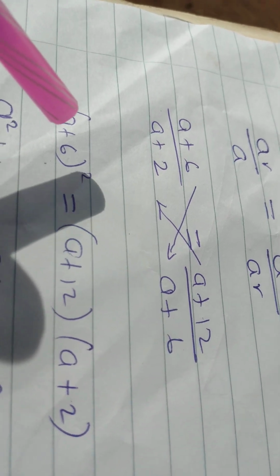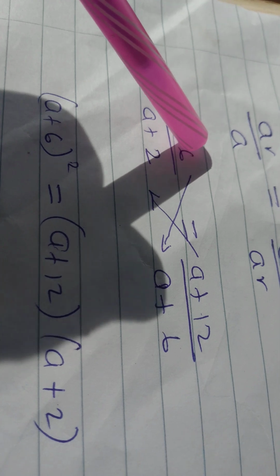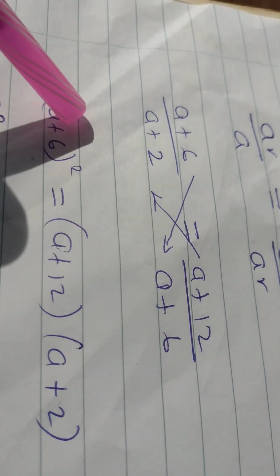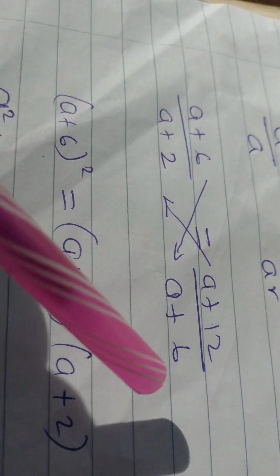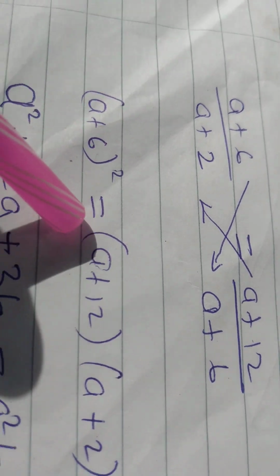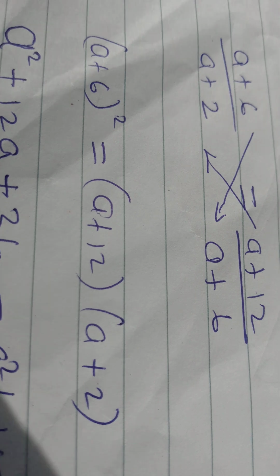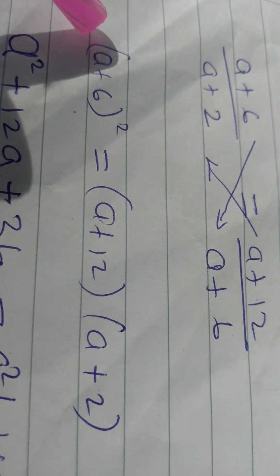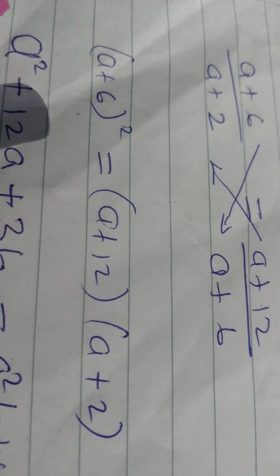So if you cross multiply, this one multiplies with this one, and this one multiplies with this one, you will have A plus 6 multiplied with A plus 6, which is A plus 6 squared, equal to A plus 12 multiplied by A plus 2.